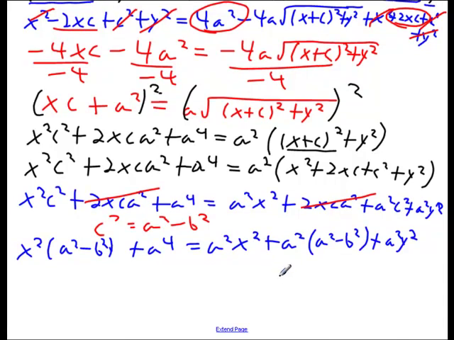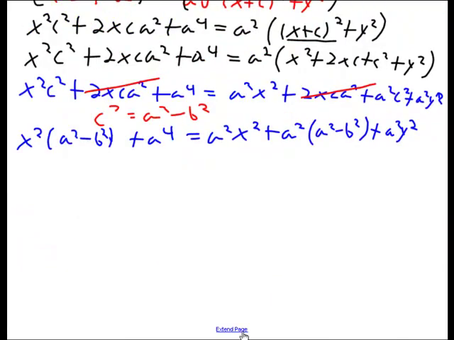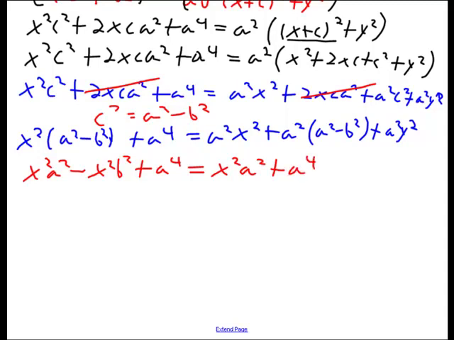So to further simplify, let's go ahead and multiply through on that. So we'll get x squared a squared minus x squared b squared plus a to the fourth equal to a squared x squared plus, multiplying through, a to the fourth minus a squared b squared, and then plus a squared y squared.